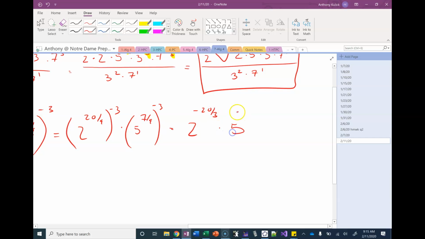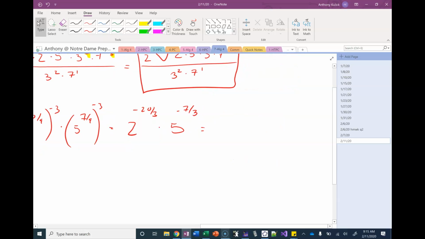And I went ahead and reduced as I multiplied. Okay. Now I need to worry about the negative exponent. So a negative exponent makes a reciprocal. So I'm going to have 1 over 2 to the 20 thirds, and then 5 to the 7 thirds.